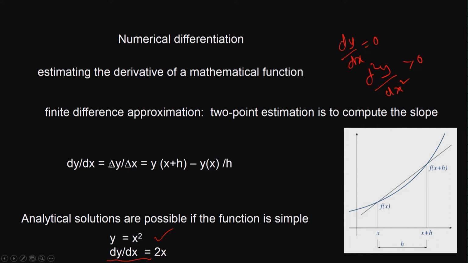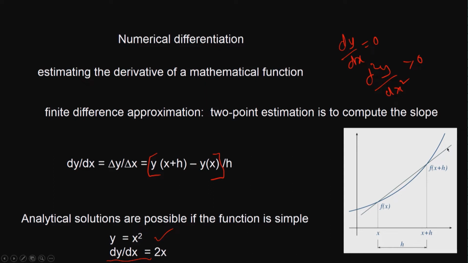Dy by dx, as you know, is approximated to delta y by delta x, which is equal to y(x plus h) minus y(x) divided by h. Here h is the small distance. So, you estimate the function y at x plus h, then you estimate the function at y(x). You take the difference and divide by h.